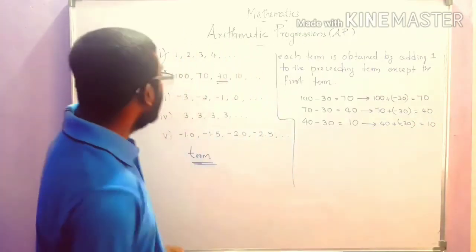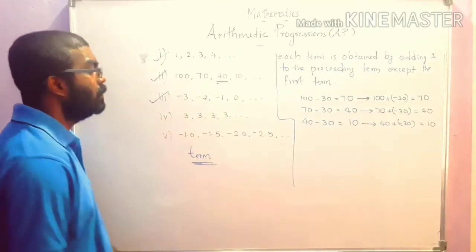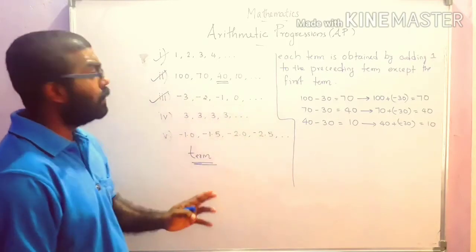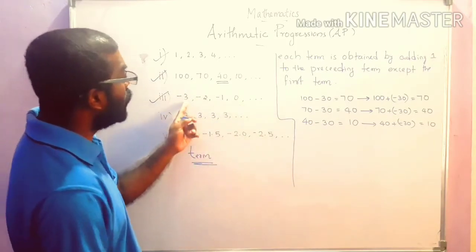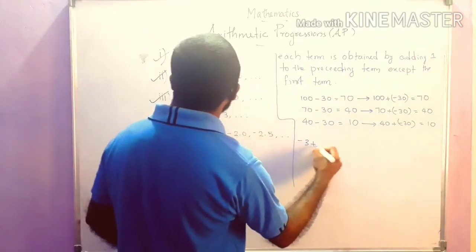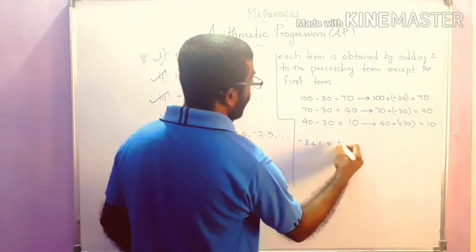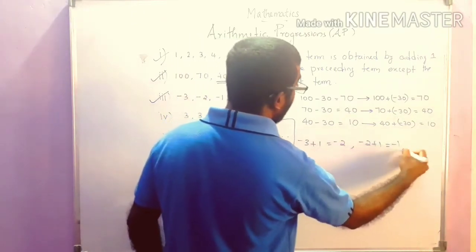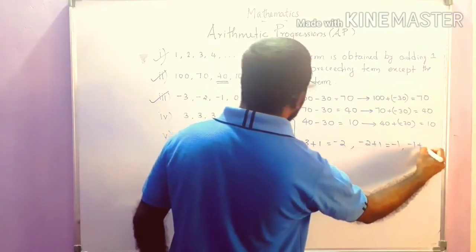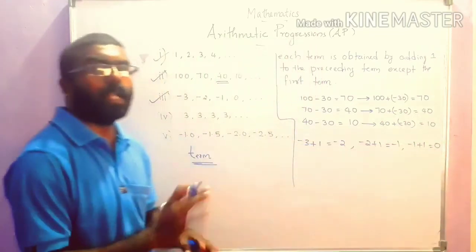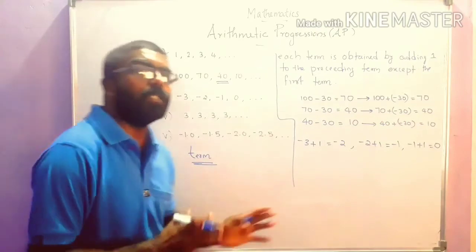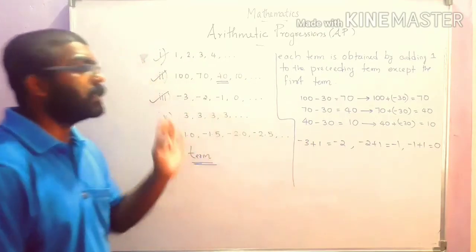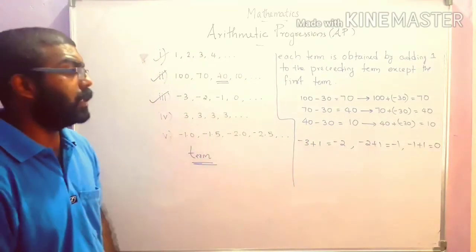Now move to the third one: -3, -2, -1, 0, etc. Clearly -3 plus 1 gives what? -2. Then -2 plus 1 gives -1, and -1 plus 1 gives 0, and so on. That means each term is obtained by adding 1 to the previous term except the first term.